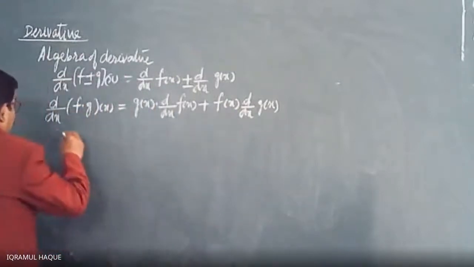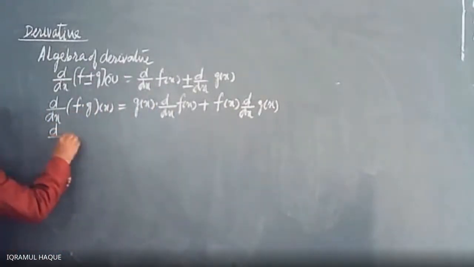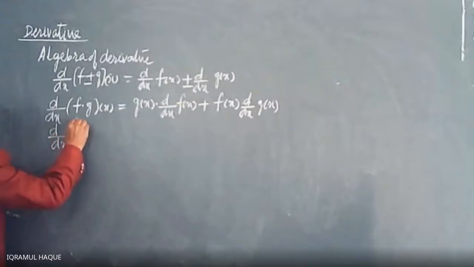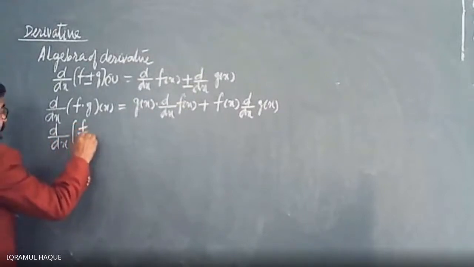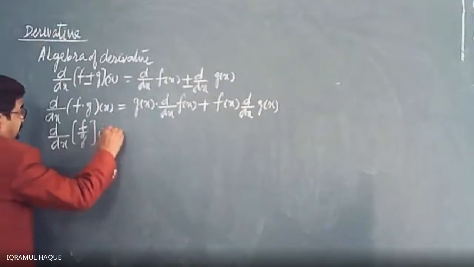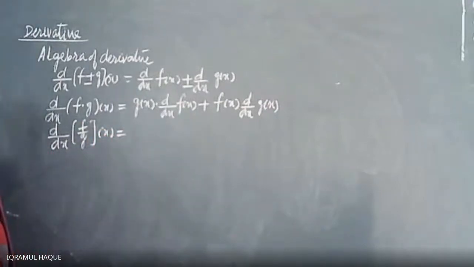Now quotient rule, d of dx of f upon g of x. It is an important one. What we do?